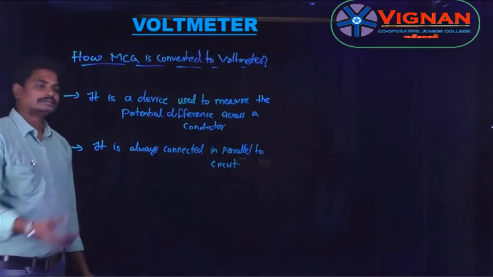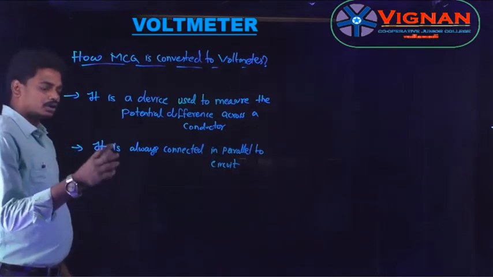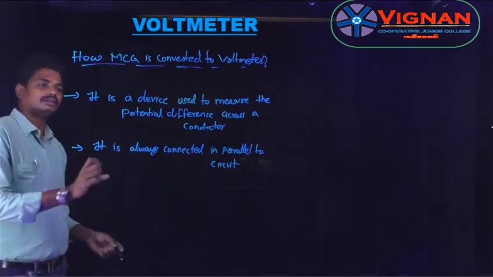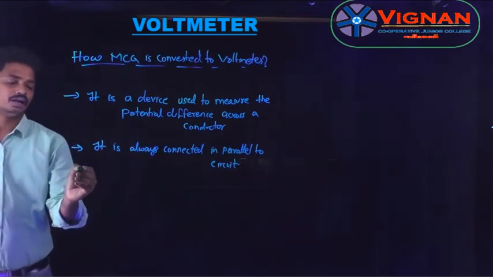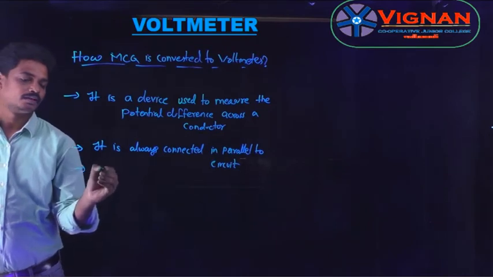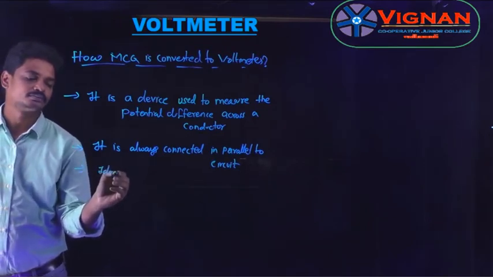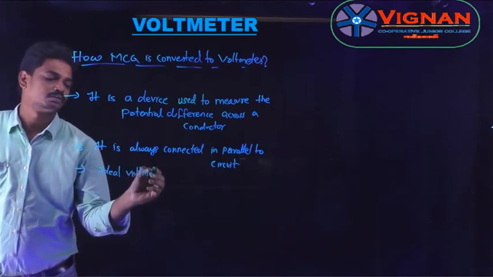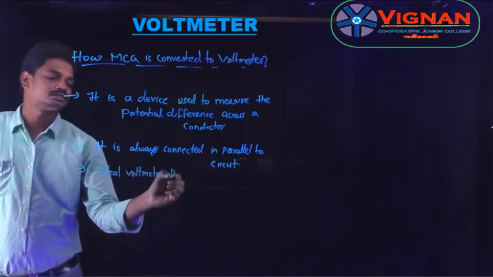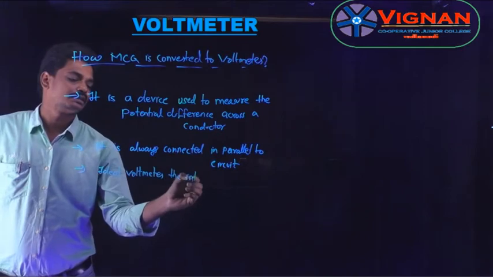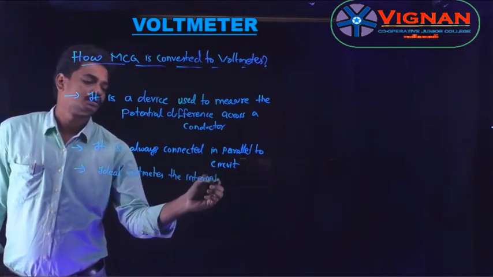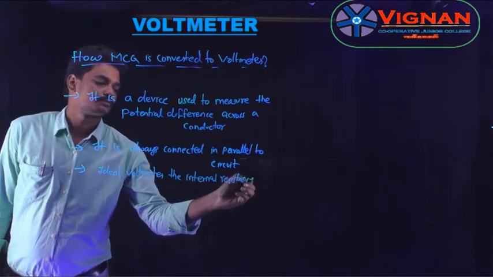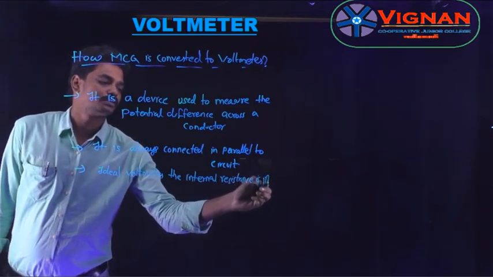It is always connected in parallel across the conductor, across which we need to calculate the potential difference. And for an ideal voltmeter, the internal resistance is infinity.